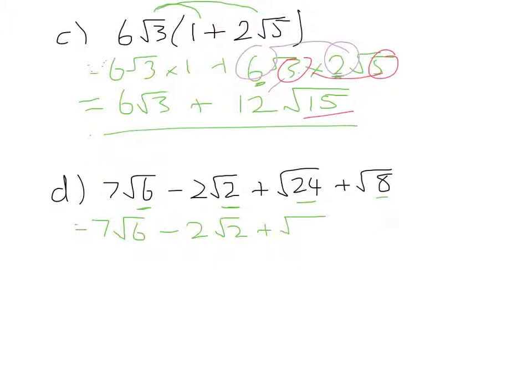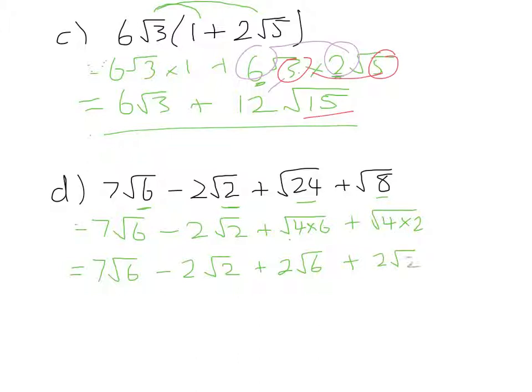So this will be 4 times 6 plus, and similarly 4 goes into that one, so that's going to be 4 times 2. So this will be equal to 7 root 6, take 2 root 2, plus the square root of 4 is 2. So the 2 comes outside the surd and we leave 6 inside, plus again here the square root of 4 is 2, root 2.